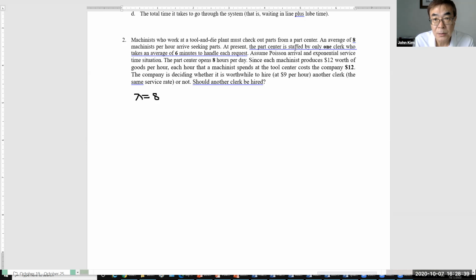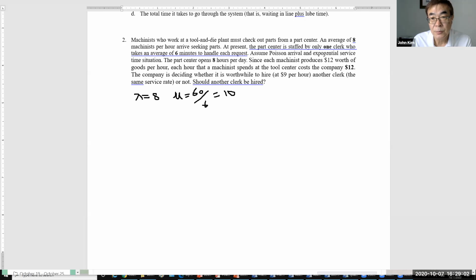And the part center is staffed by 1 clerk who takes an average of 6 minutes. So mu equals 60 divided by 6 equals 10.